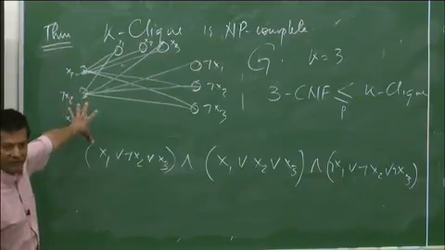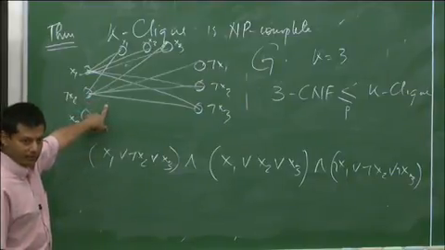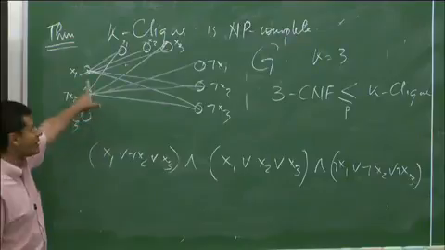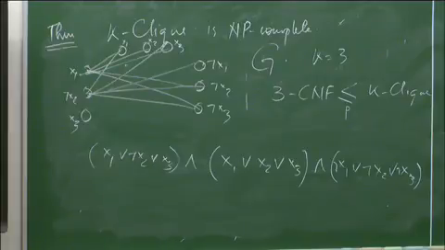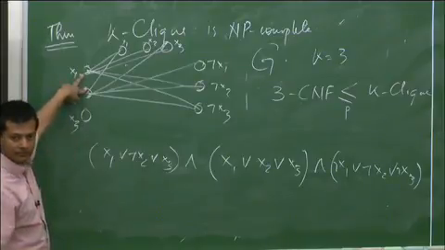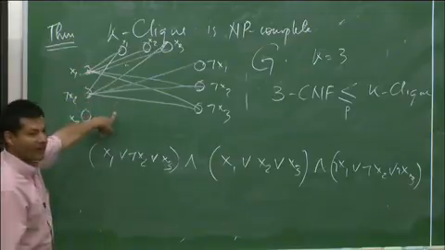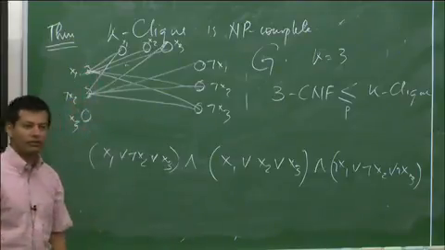Look at how beautifully this thing has been done. If this thing has a k-clique, in this particular case a 3-clique because there are 3 clauses, can you see that one node will come from each one of these groups? You cannot have 2 nodes come from a single group because they are not connected. So, if this has a k-clique, it immediately means that you get 1 node from each group.